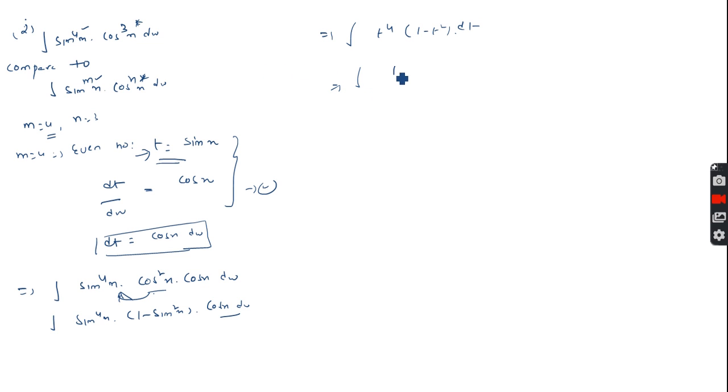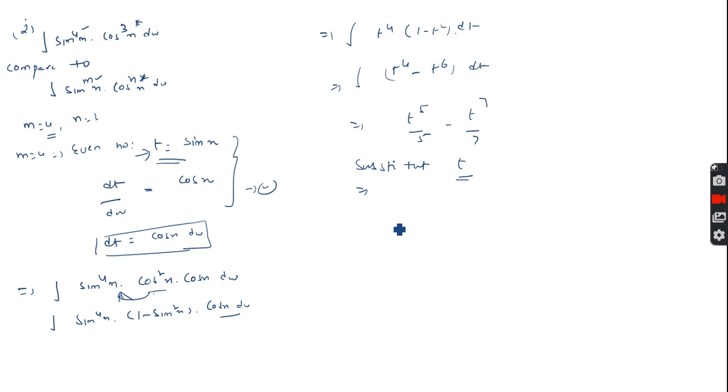So we do simplification: t power 4 minus t power 6 into dt. Finally we get t power 5 by 5 minus t power 7 by 7. Then we substitute the t value.